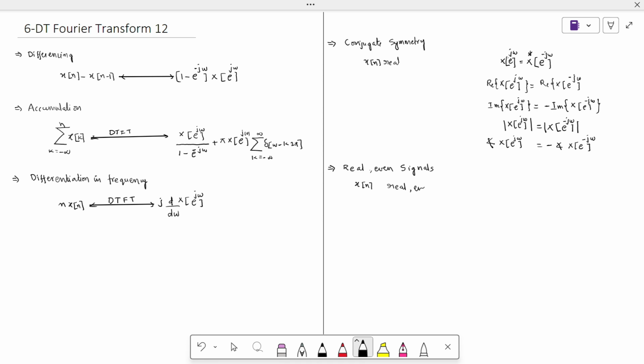So x of n is real and even, and x of e power j omega is also real and even, unless it is odd, so there is no change. See the next case: real and odd.